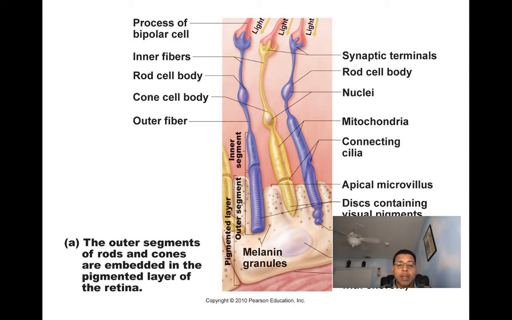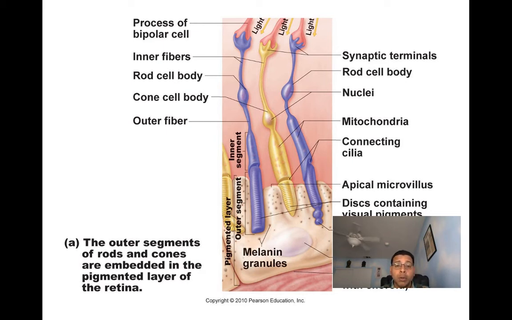When we talk about the outer segments, here you can see the outer segments or the tips. They're immersed into the pigmented layer, we said. The tips are the receptive regions of our rods and cones. In rods, the outer segment is slender and rod shaped.